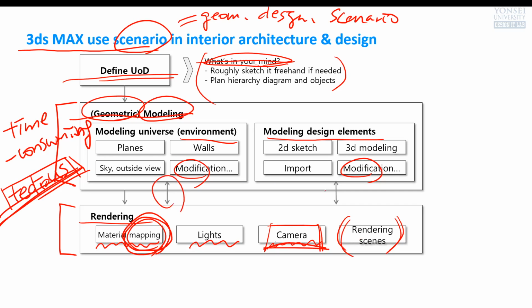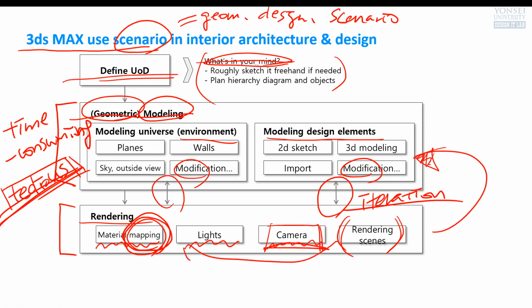So what's this? Iteration. You have to see your result. Probably you don't like it. Go back to modeling, or go back to texture mapping, go back to lighting, go back to camera control again and again. That's why I put the term iteration.